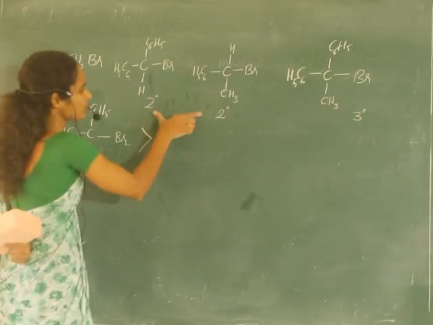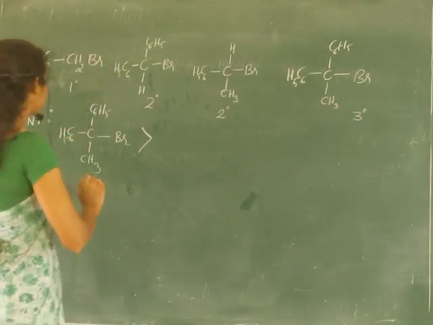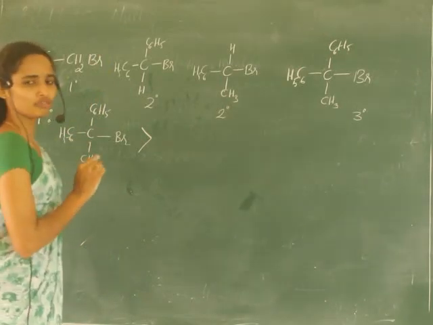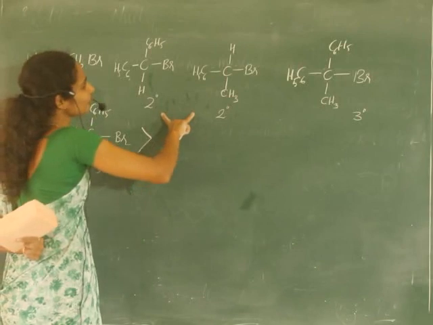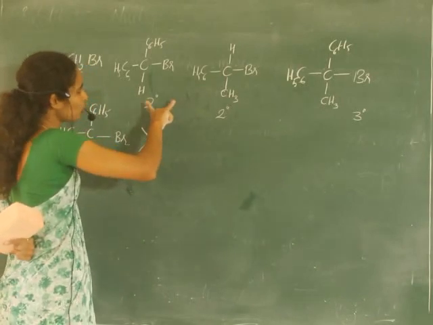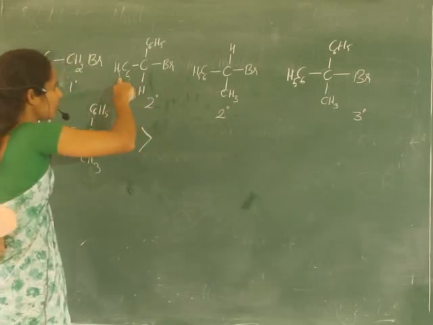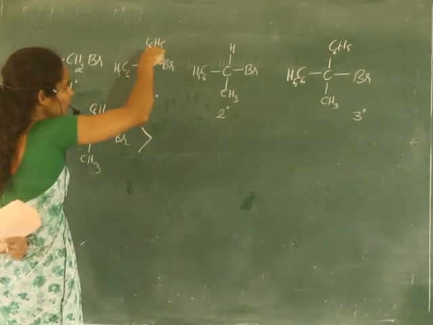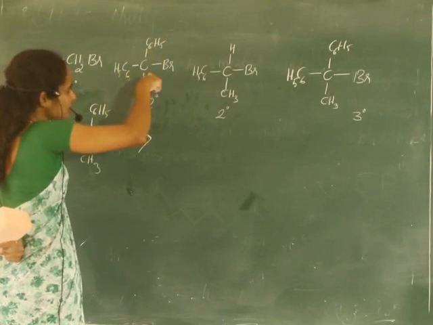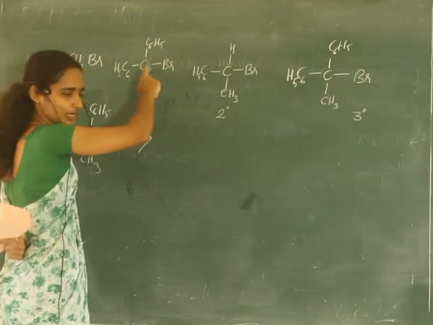Here there are two secondary compounds. Now which one will undergo SN1 reaction at a faster rate? Out of two, which one will stabilize? Both will stabilize by resonance, right? Here two benzene rings are there. To this carbon, two benzene rings are attached. Hence this carbocation formed will stabilize by resonance.